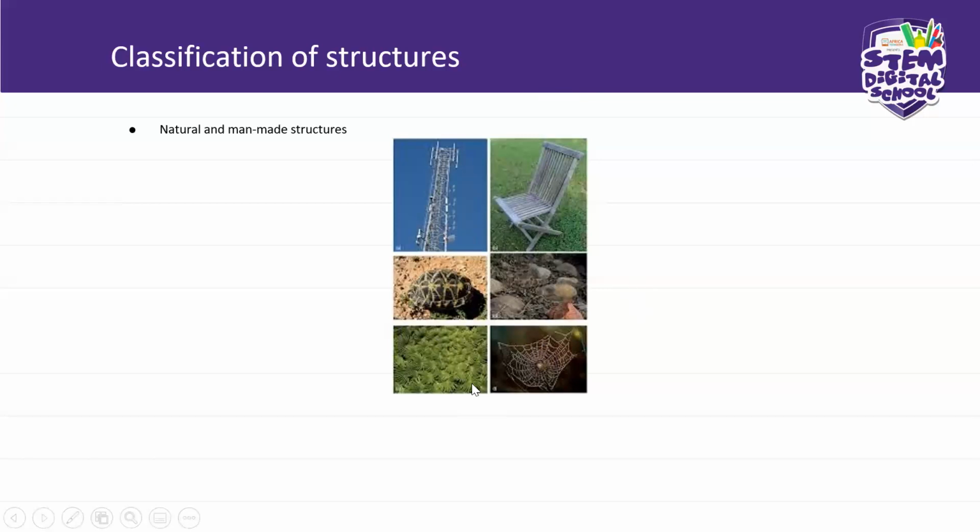Okay, it's a natural structure also. So you must be able to understand these when you are learning your structures, the function of structures and the classification of structures. That is what I wanted to remind you from yesterday, because we didn't cover these two slides yesterday.